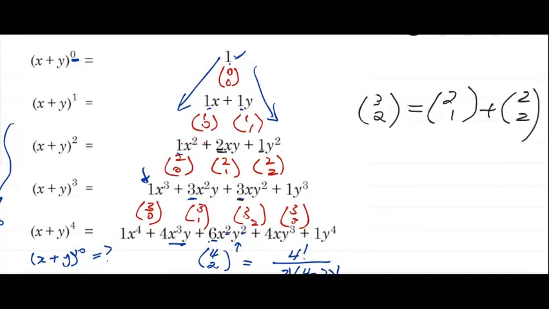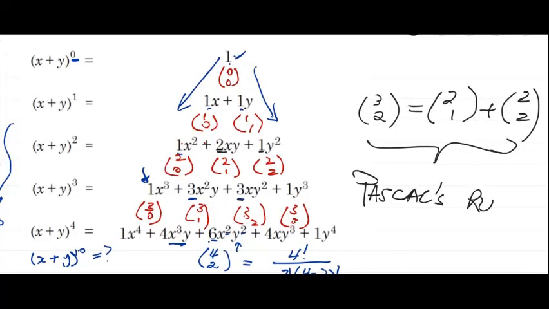Okay, and if you recall, check out my video on Pascal's rule, which bears out this relationship. So now we can see why the pattern of Pascal's triangle relates to the pattern of these increasing binomial coefficients.